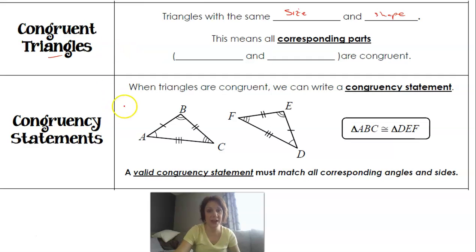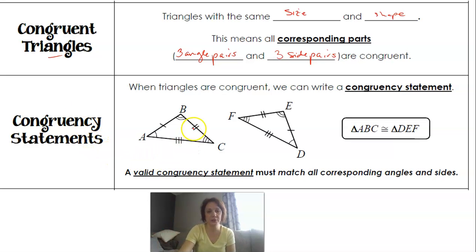So you are going to have three angle pairs and three side pairs. And if you know that the triangles are congruent, then you know that you have three congruent angle pairs, one triangle to the other, and three congruent side pairs from one triangle to the other.